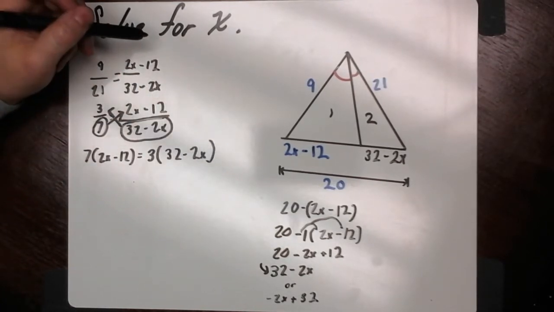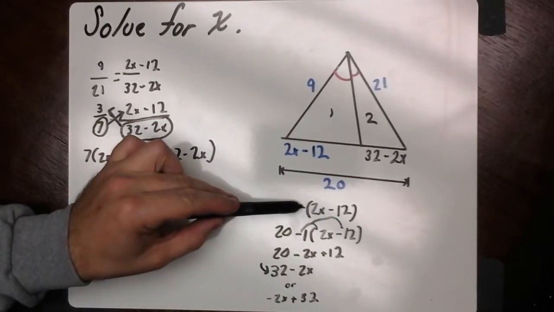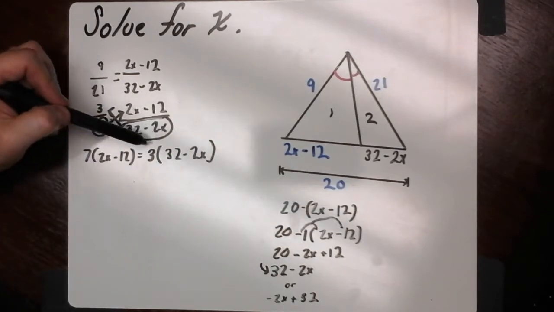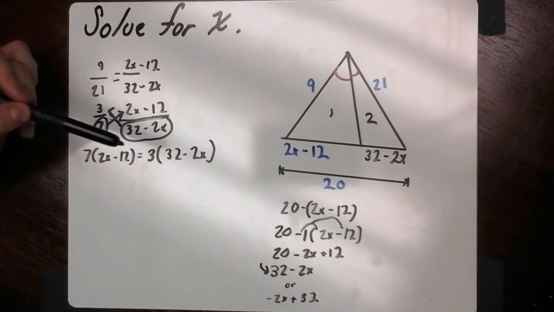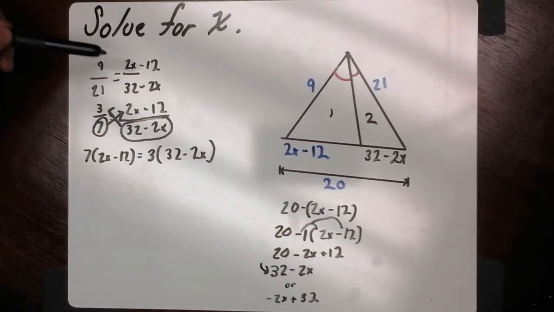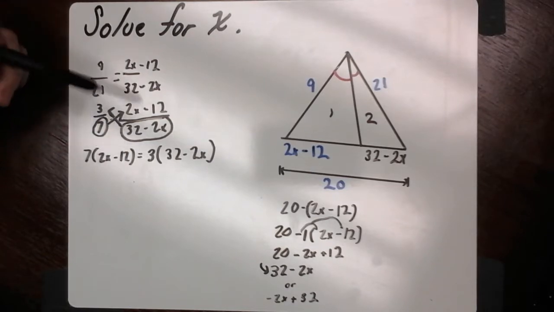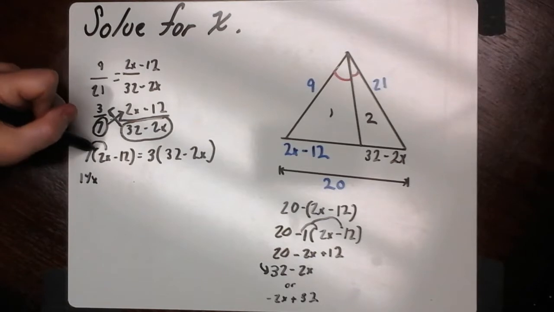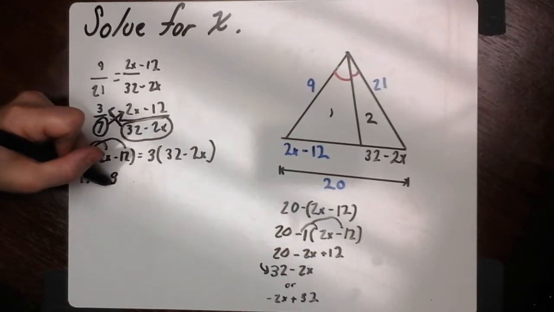So just to recap, when I did this, I had to make sure that this negative or the subtraction sign went to both terms. That's like what's going on here. It's just another form of distribution. You just don't want to forget to do it because you'll get the whole problem wrong as a result. Now, I'm going to distribute this. So 7 times 2 is 14x. 7 times 12 is 84.